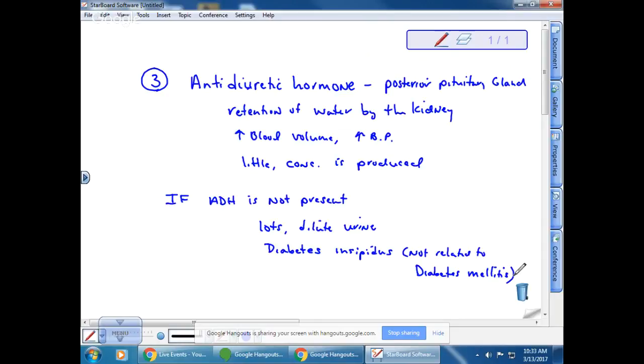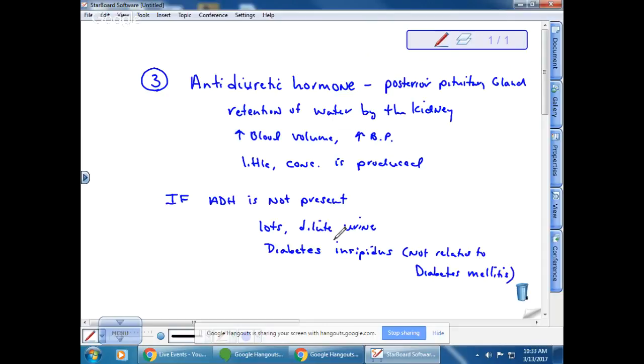Okay, so insipidus means that you're losing urine. So one of the characteristics of being diabetic is you're thirsty all the time and you're urinating all the time, and you might actually at some point start to lose weight because your body can't use the nutrients that you're reabsorbing, right? And so the reason why when you produce lots of dilute urine, that's just another type of diabetes, which is related to ADH, not to glucose.